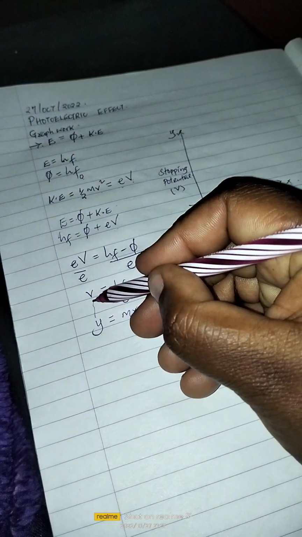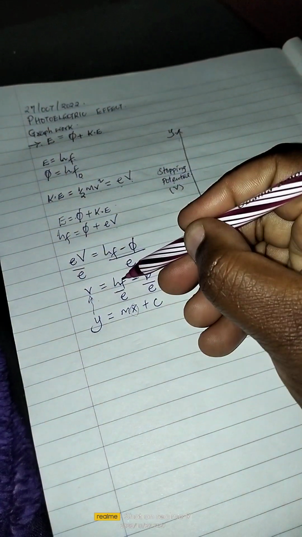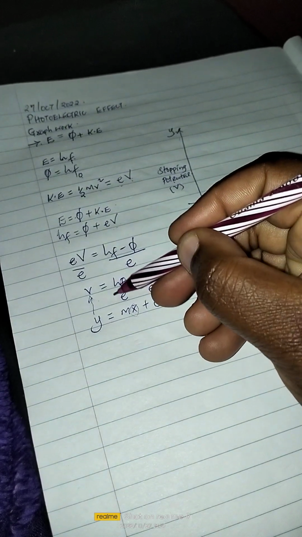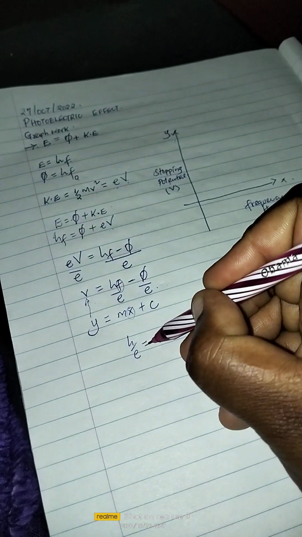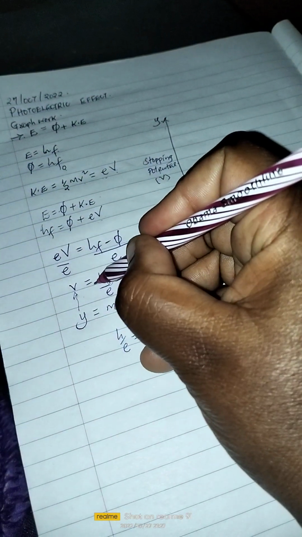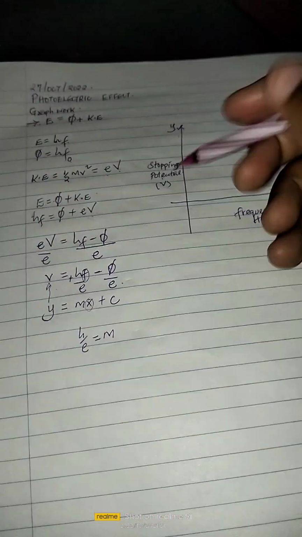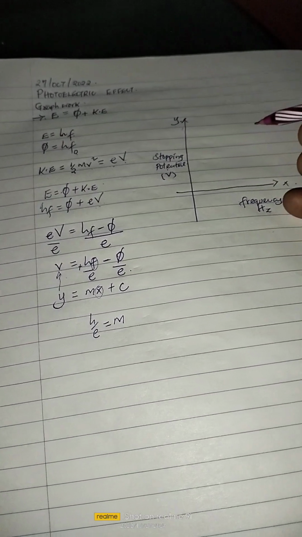On the y-axis, we have the stopping potential. On the x-axis, we have frequency, meaning what has been left, that is h over e, is equal to the gradient. Another thing we note is that the gradient is positive, meaning we have a rough idea of how the diagonal is supposed to be slanted.